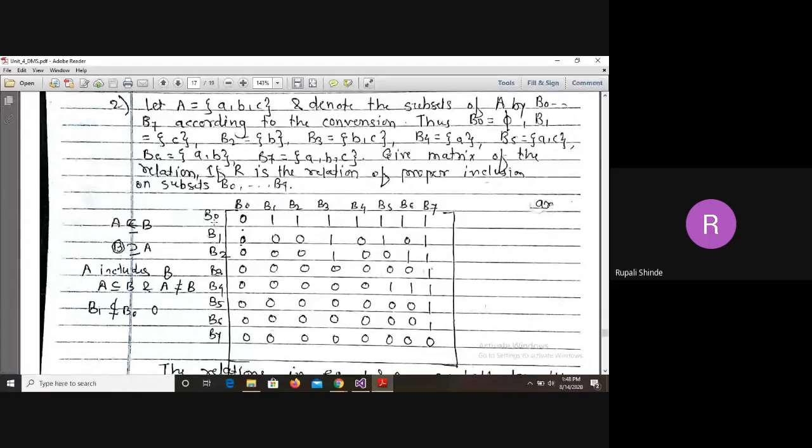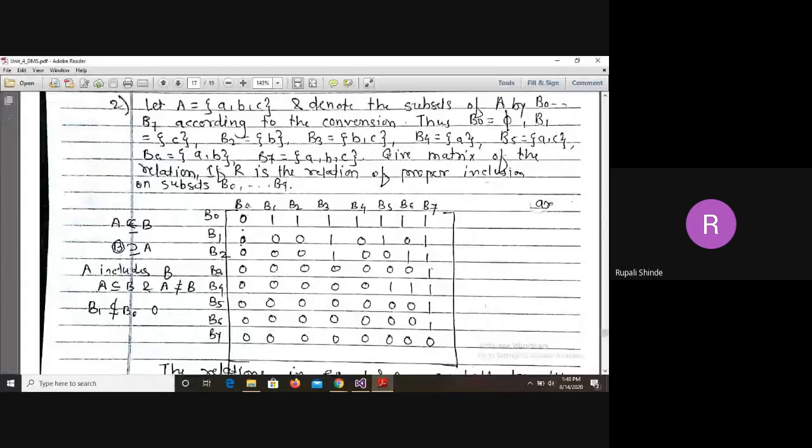Okay. Now, B0 and B1. If you consider this, B0 is phi, and phi is a subset of every set. So we have to mark here for B0, B1 it is 1. Again for B2, B3, B4, B5, B6, B7, for the rest of all subsets we have to mark 1 because phi is a subset of every set.